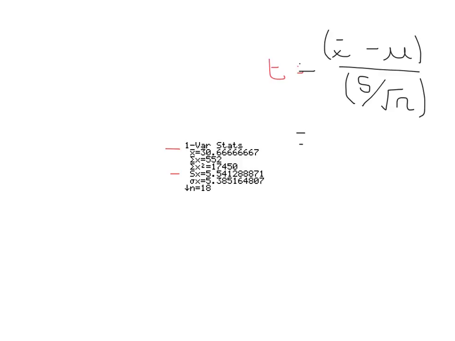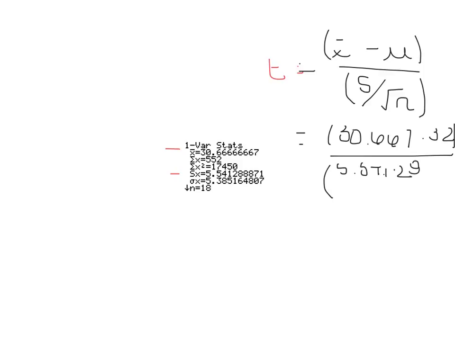So my sample average is 30.667. I'll just round. My claimed average is 32, so I've enclosed that in parentheses. My S is my S of X, 5.541288871, and I'm going to divide that by the square root of my sample size, which is 18.